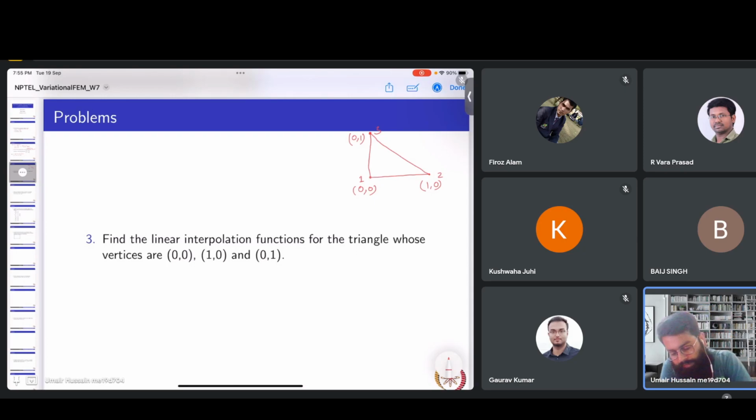So first of all, we approximate the solution u. Since we are approximating a linear solution, and what is the other way we can write the solution?